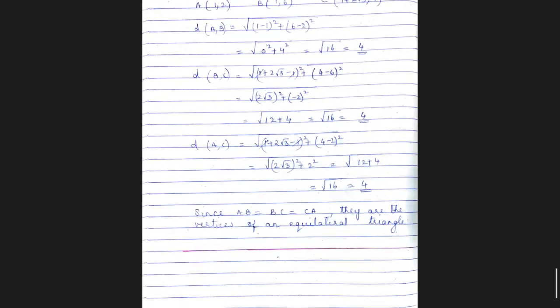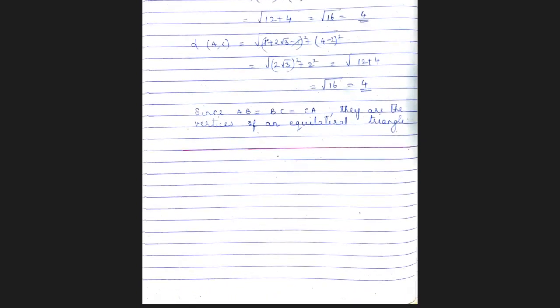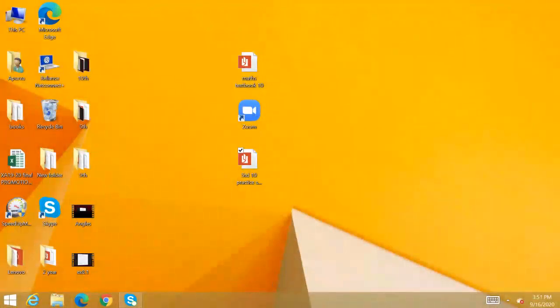Plus 4 minus 6 is minus 2 the whole square. That's 4. So 12 plus 4, 16. Root 16 is 4. Same method you're going to find distance of AC. You get answer 4. Now since all three sides AB, BC and CA are equal, they form the vertices of an equilateral triangle. Okay. With this we finish with the exercise.